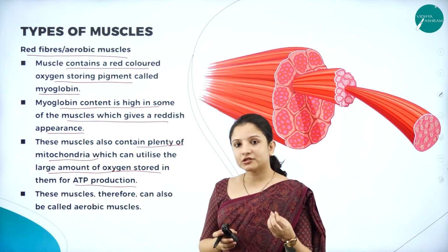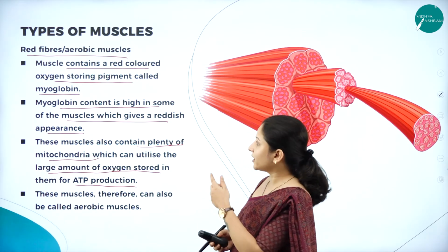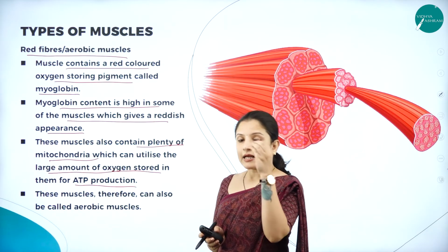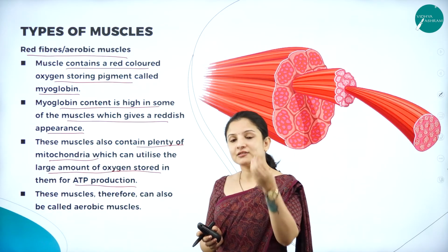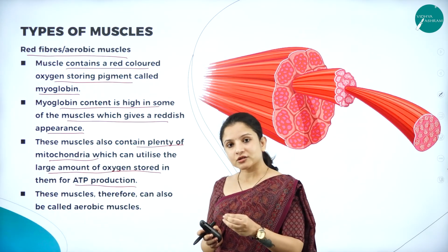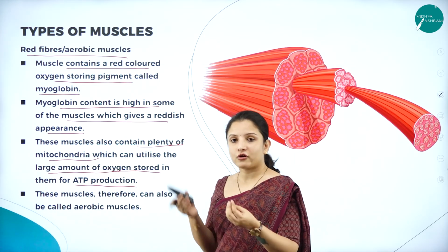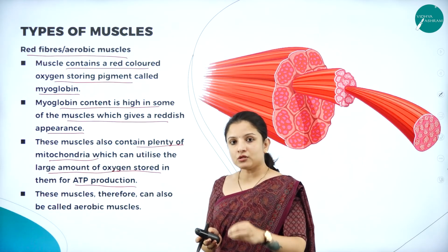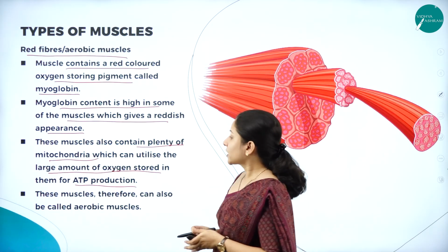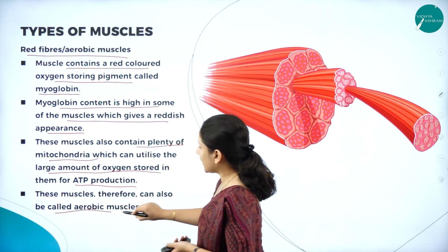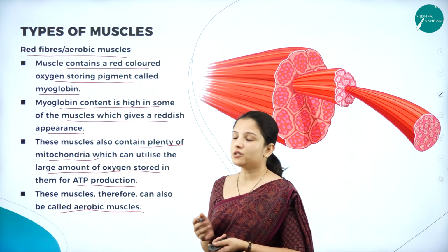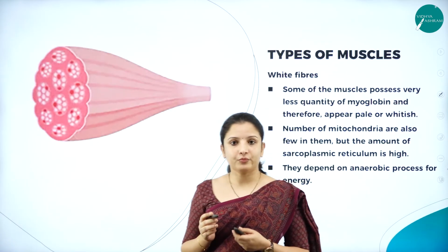And where is the oxygen stored? Oxygen is stored in a pigment called myoglobin. That myoglobin is present in the red muscle. That oxygen is used by the mitochondria of the red fibers to generate ATPs. These muscles are hence called the aerobic muscle. So this was about the red fibers or the aerobic muscle.